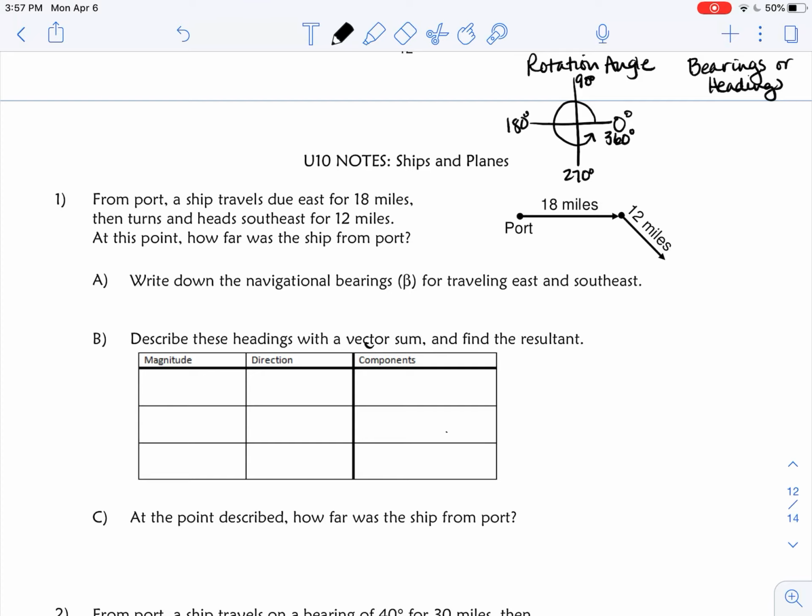Now, when we talk about bearings or headings, if you are going to fly a plane or navigate a boat, you are going to follow directions using bearings or headings, and that is using this guy.